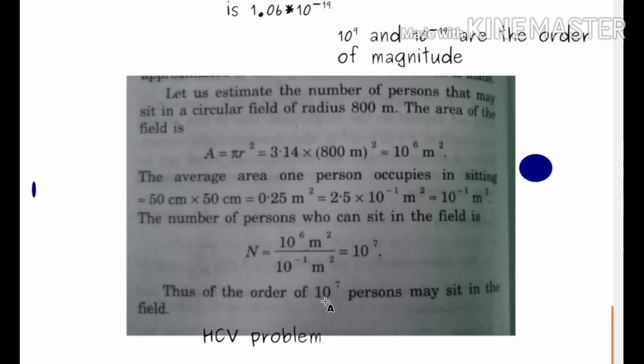Now it may be multiplied by 2, 3. Now you have at least a feel of this thing. Have you got what I'm telling? 10 to the power 7 is just a big number, because now we know that 10 to the power 7 is big. But why are we calling it big? If there were 10 to the power 12, what would we call that number? That number would also be called big.